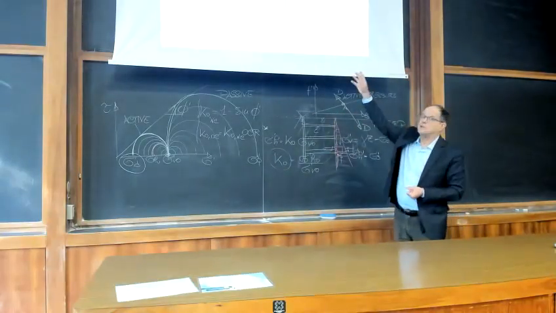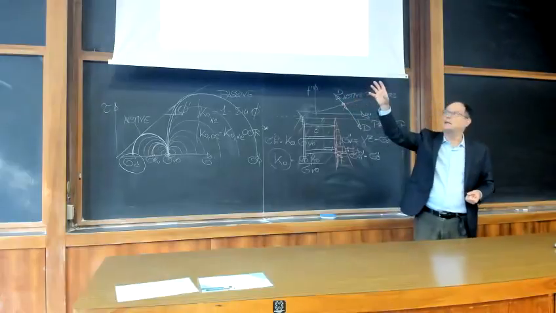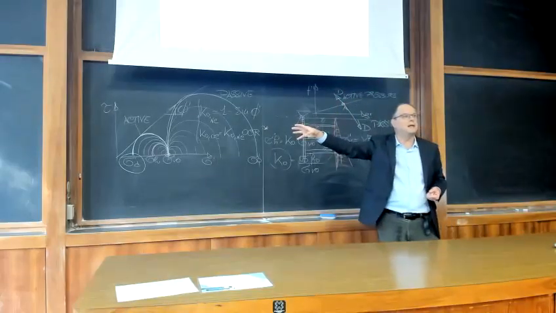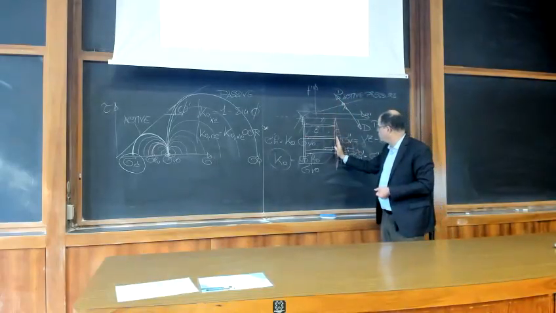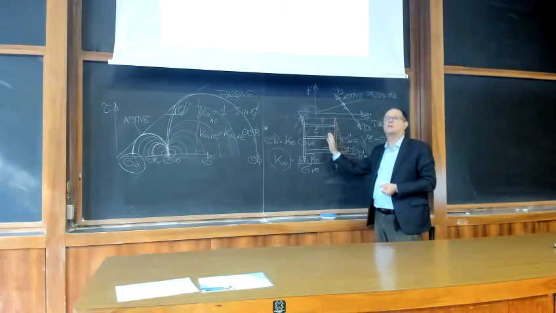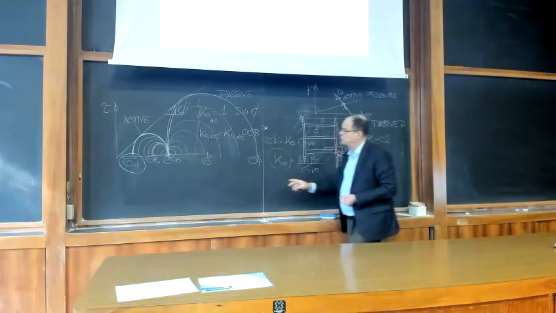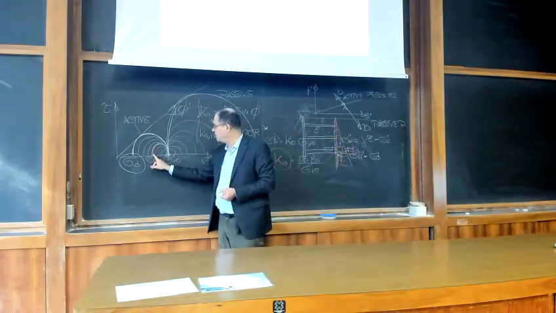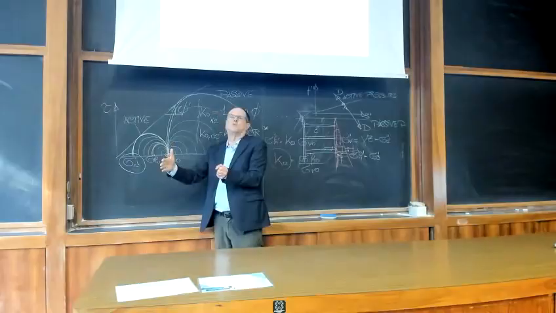Typically, if you design a gravity retaining wall, like the ones we have seen at the beginning, just a very small movement of the wall is enough to reduce your stress state from here to here. Only a small movement.